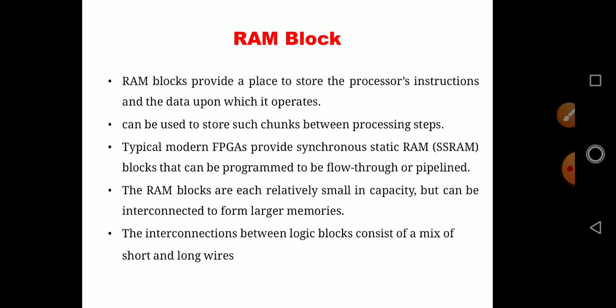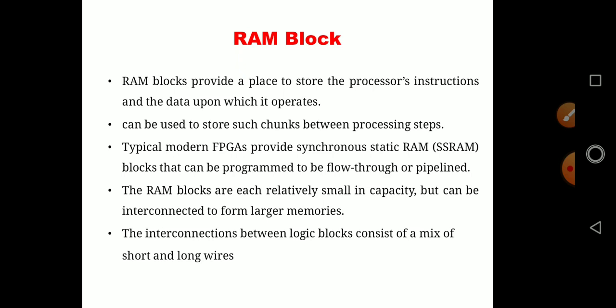In the FPGA, RAM blocks are specially used to store such chunks of data between the processing steps.